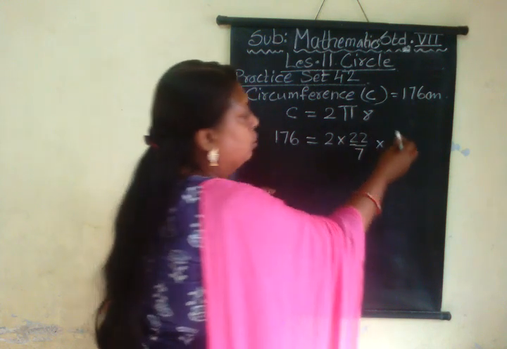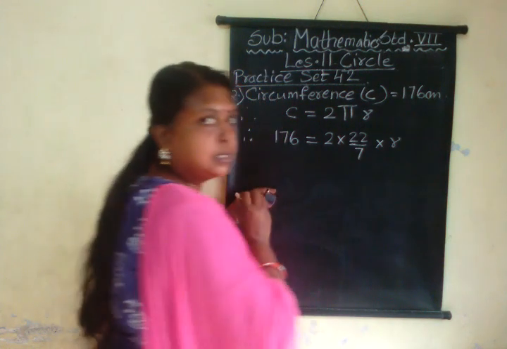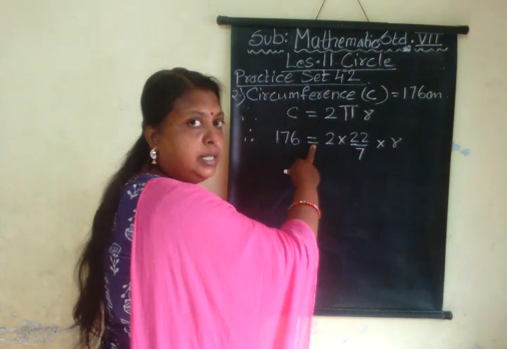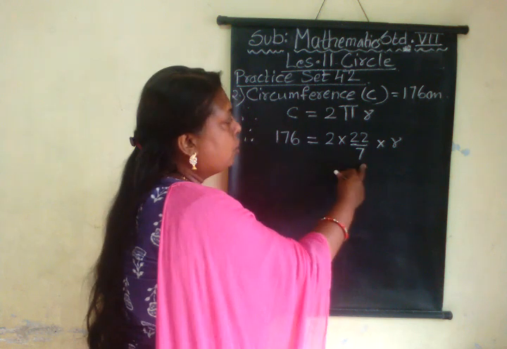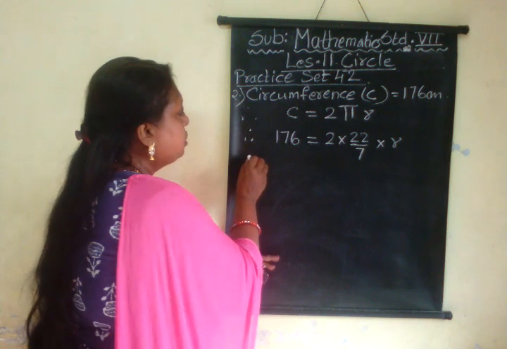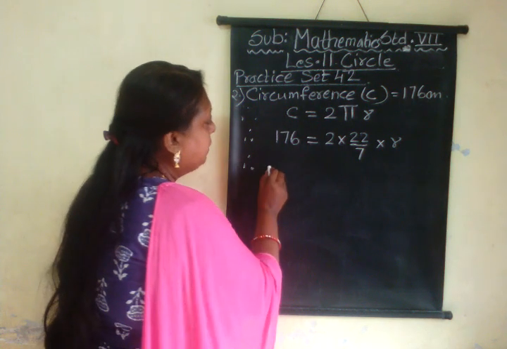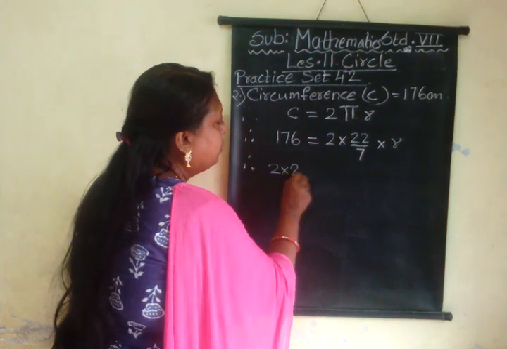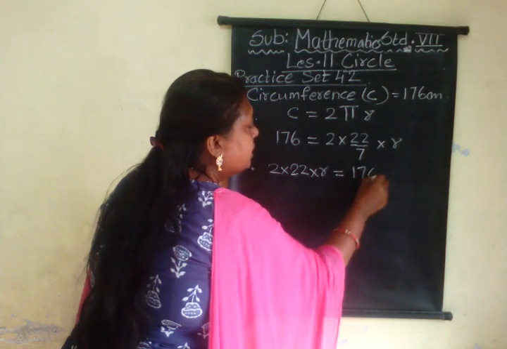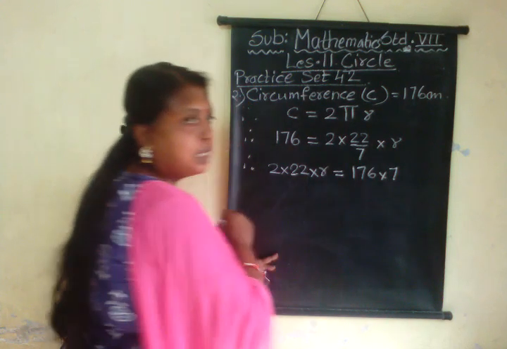Now r we don't know, so I will write r as it is. Okay. Now in our maths, if there is an equal to in between, you can cross multiply the numbers. So the cross multiplication will come as 2 multiplied by 22 into r is equal to 176 into 7.